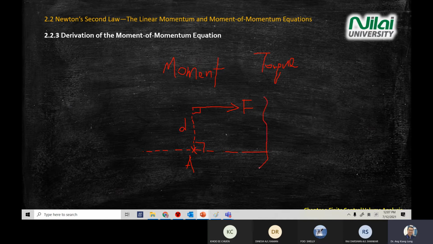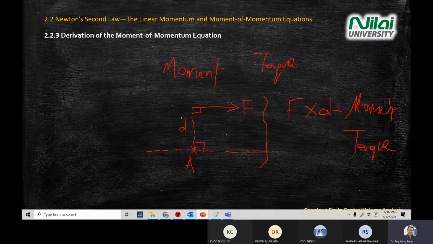The result of force times D, or force cross D, since we're going to look at the vector cross product today, is F times D, and we get moment, or torque.